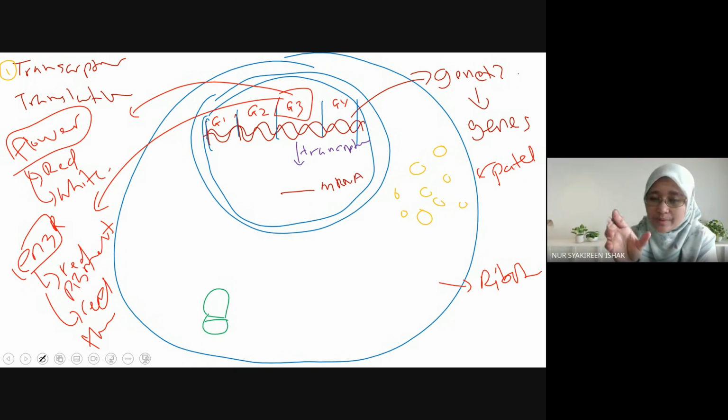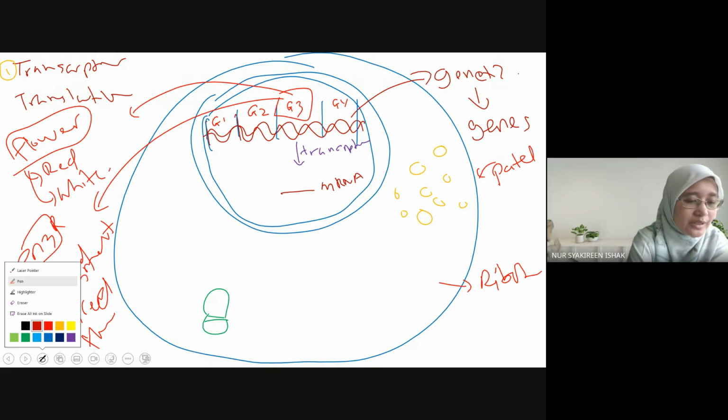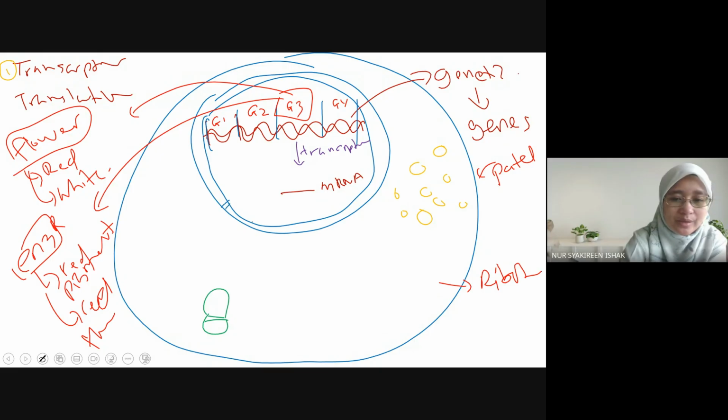It copies the information to synthesize enzyme R. mRNA is single stranded, DNA is double stranded. We learned last semester in the cell chapter about the nucleus organelle. The nucleus has nuclear pores. So the nuclear pore is present.